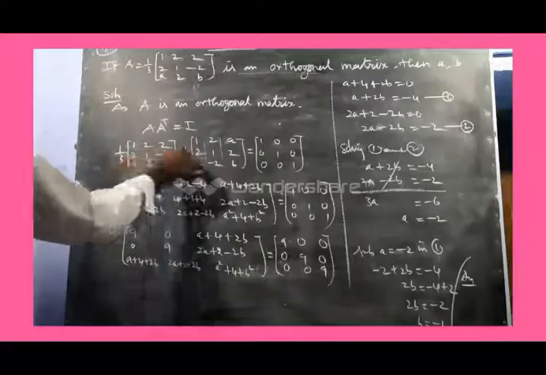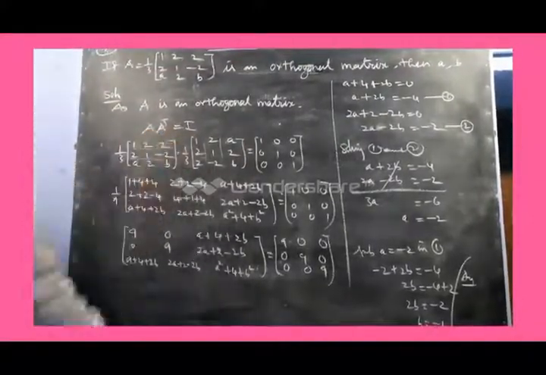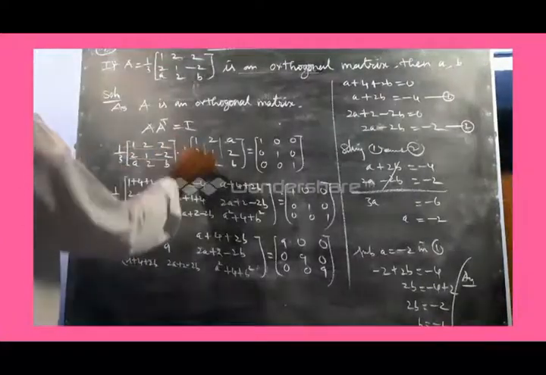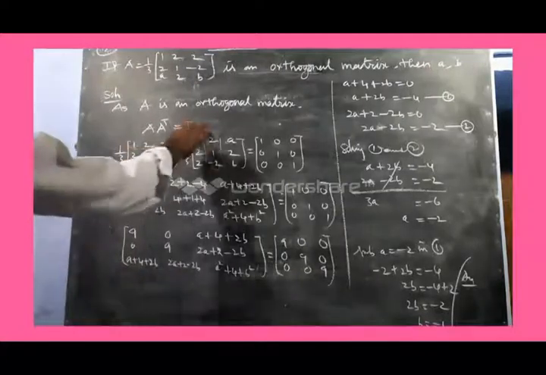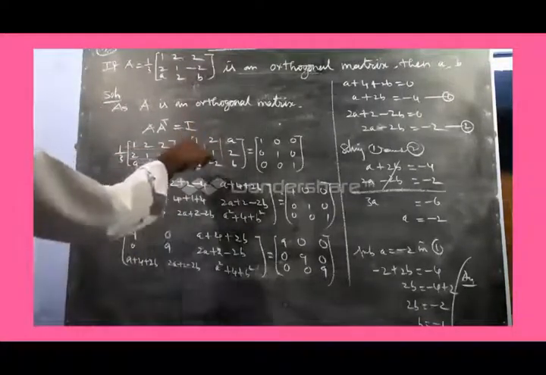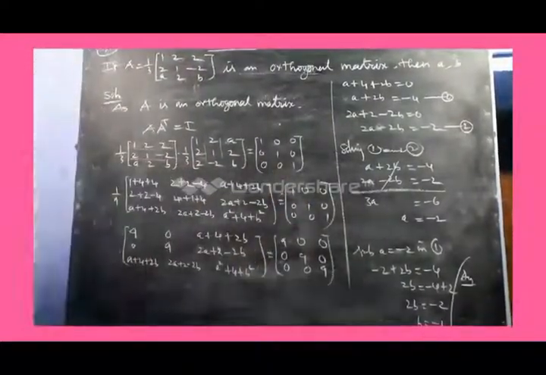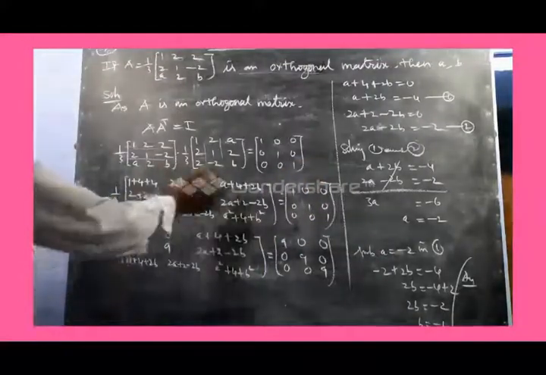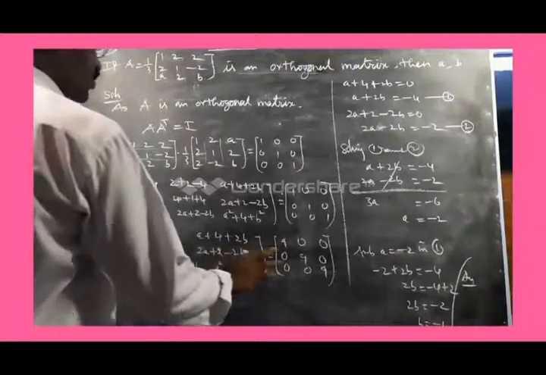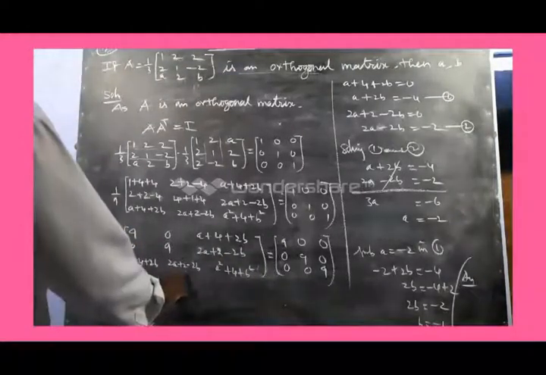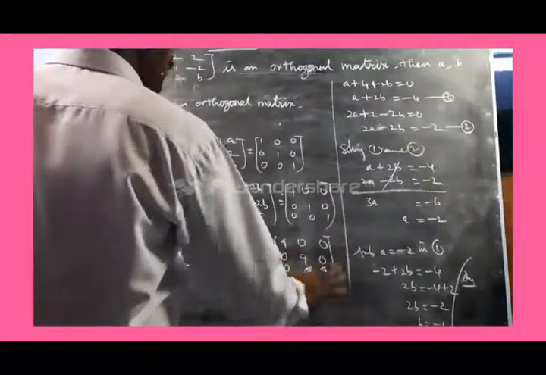Next, 1/3 into 1/3 is 1/9. First multiply the matrices, row by column. First row, first column; first row, second column; first row, third column gives the first row. Then second row with each column gives the second row. Third row with each column gives the result equal to the unit matrix. Simplifying, the result is: first row 9, 0, a plus 4 plus 2b; second row 0, 9, 2a plus 2 minus 2b; third row a plus 4 plus 2b, 2a plus 2 minus 2b, a square plus 4 plus b square, equal to 9 0 0, 0 9 0, 0 0 9.